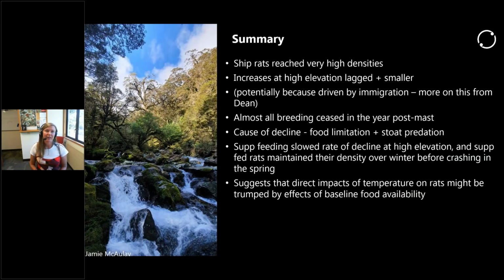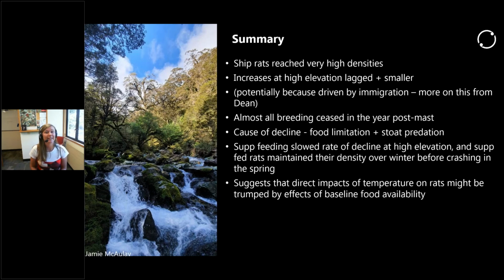So in summary, ship rats reached very high densities at the site, but the densities that we recorded at high elevation lagged behind increases at low and mid elevation, and they were smaller in magnitude. Potentially this is because it could have been driven by immigration and the rats didn't have enough time to reach high densities before beech seed ran out, but we'll hear more about this from Dean shortly.